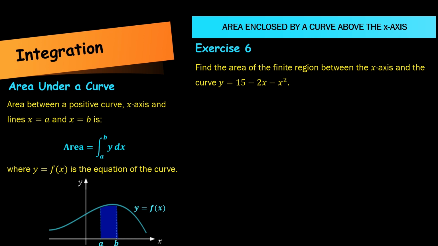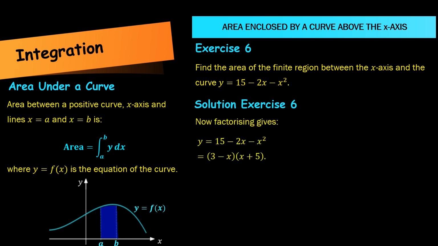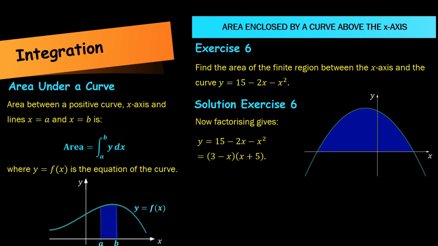So let's solve this. If we factorize this function, we obtain 3 minus x times x plus 5.